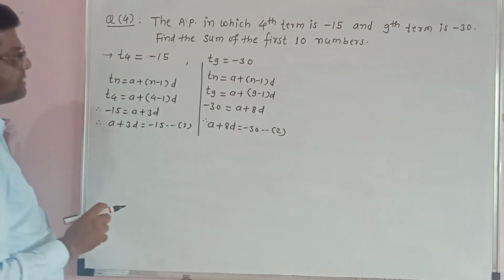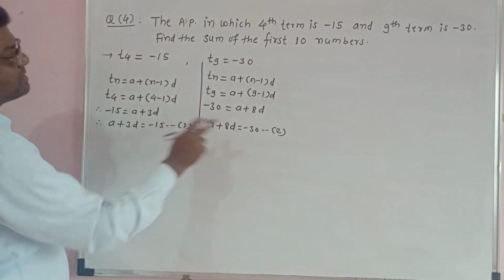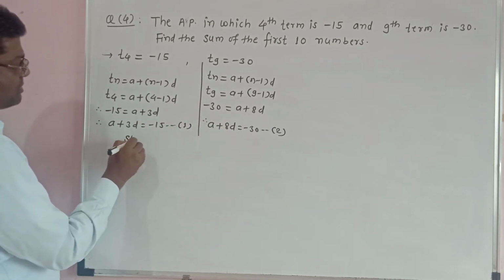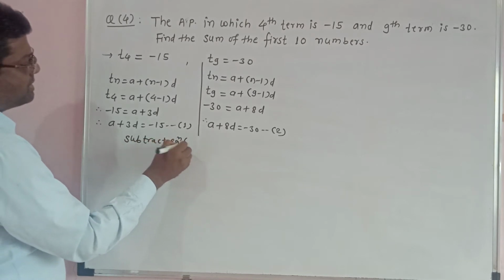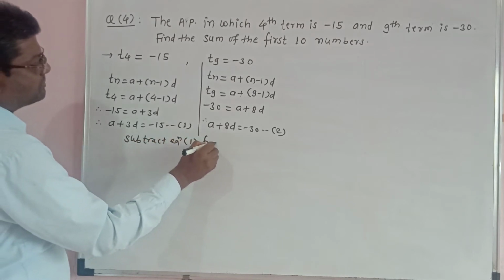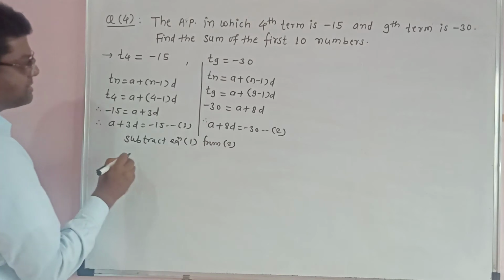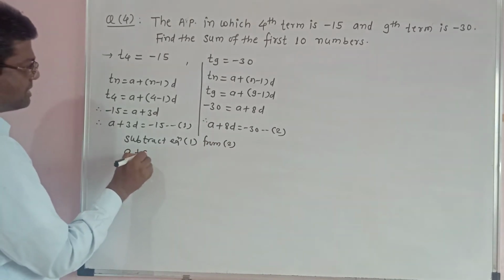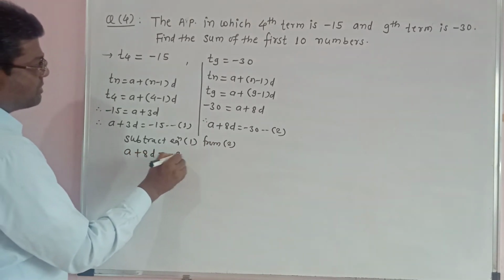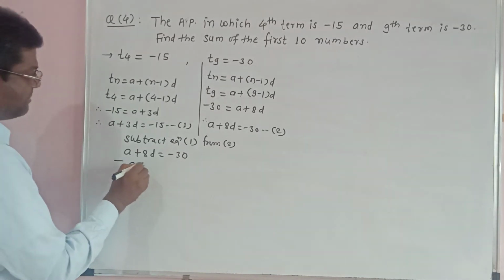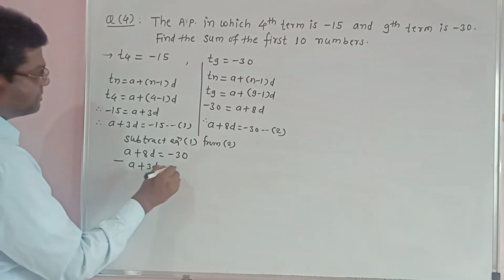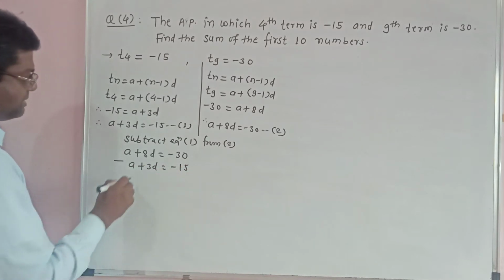Now subtract equation 1 from equation 2. So equation 2 is a plus 8d is equal to minus 30, minus a plus 3d is equal to minus 15.